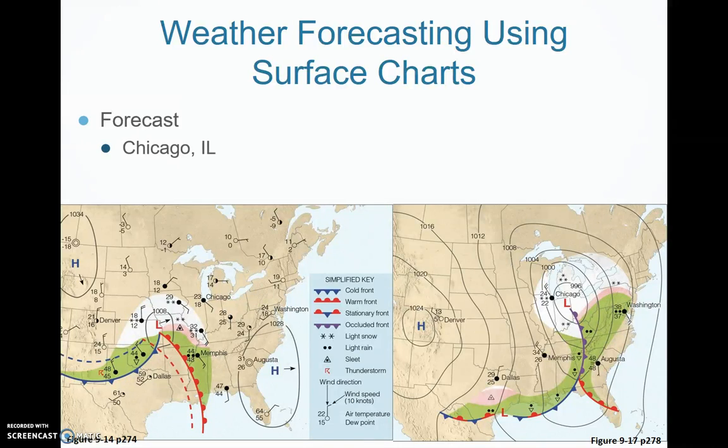Let's do another one for Chicago. What's going to happen with Chicago? Here in Chicago, right now, we have some fairly strong winds, about 10 knots. Cloudy skies, overcast. What would happen as this low pressure approaches? Well, temperatures are going to drop. You're going to get into this white region, which indicates more snowfall.